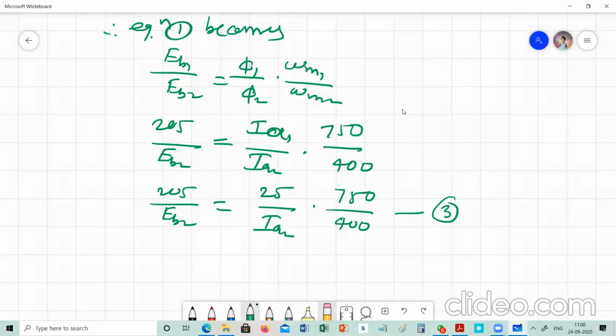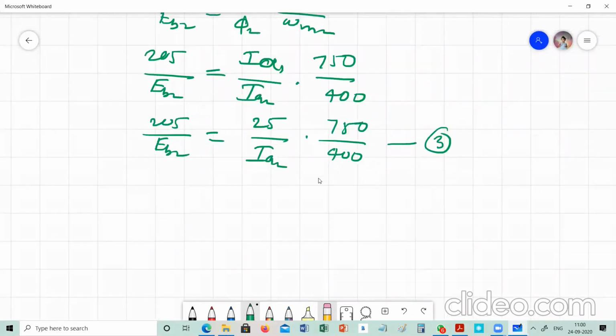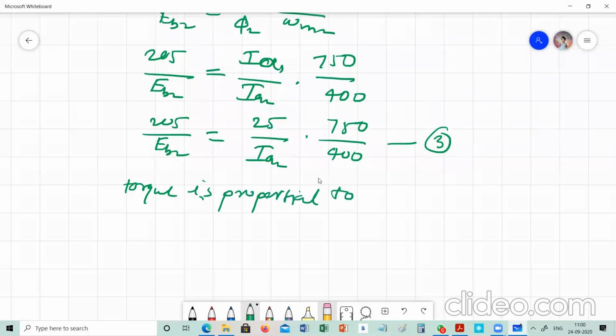So once we can calculate EB2, IA2 can be known. For that, the torque equation can be used. They stated torque is proportional to speed square.